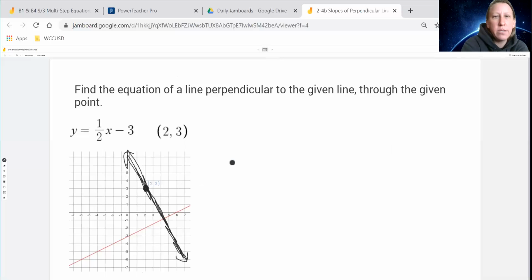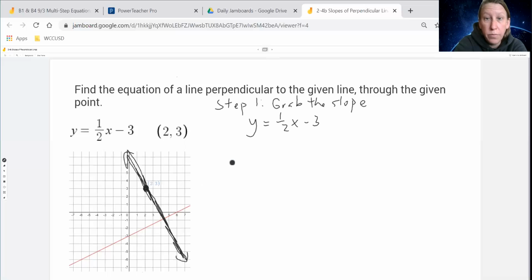Okay, here's the steps. It's a lot like the previous lesson. Step 1 is to grab the slope from the original line. So the original line is 1/2 x minus 3. And I'm going to grab the slope. The slope is 1/2. The rest of that I don't need.